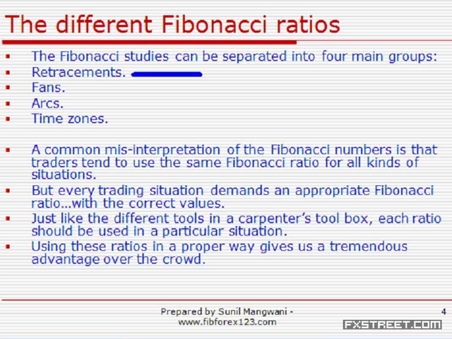But there are other fib ratios which are more important. So just like the tools in a carpenter's toolbox, a carpenter would not use a hammer for a job that requires a screwdriver. So as simple as that. Every fib ratio has a different situation to it. So you must learn to use these ratios in a proper way and in the proper situations.